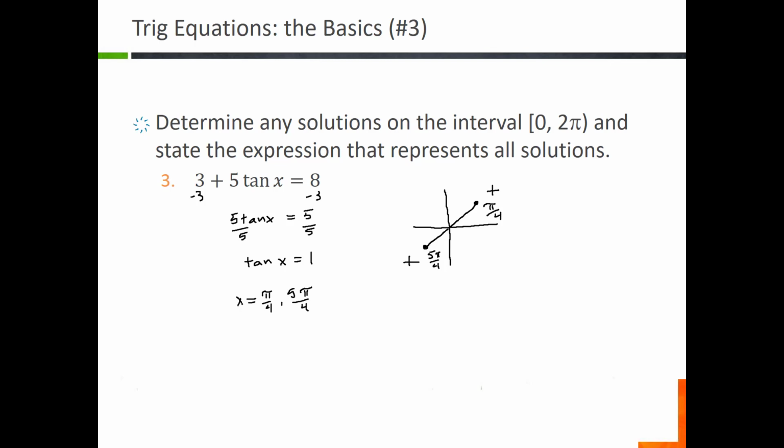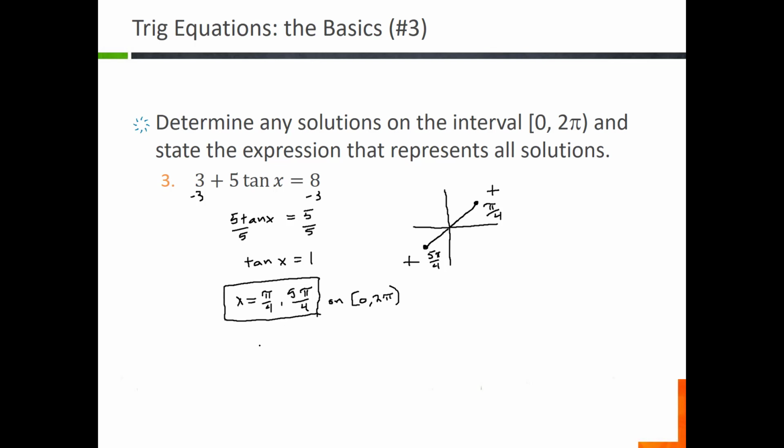And you could write those separately, x equals pi over 4, and then x equals 5 pi over 4, but you can kind of merge them together. Again, this is the solution. Those are all the answers on the interval from 0 to 2 pi. So how do we express the infinitely many solutions? Well, with tangent, we can kind of do this in 2 ways.